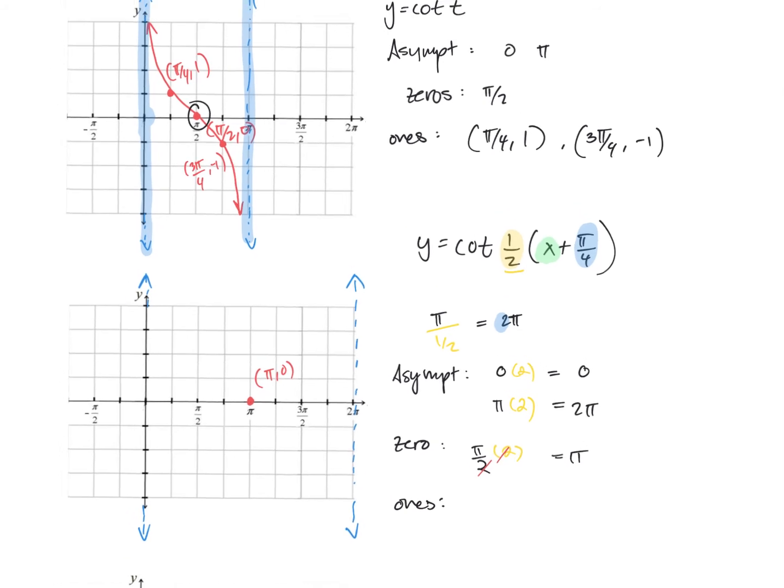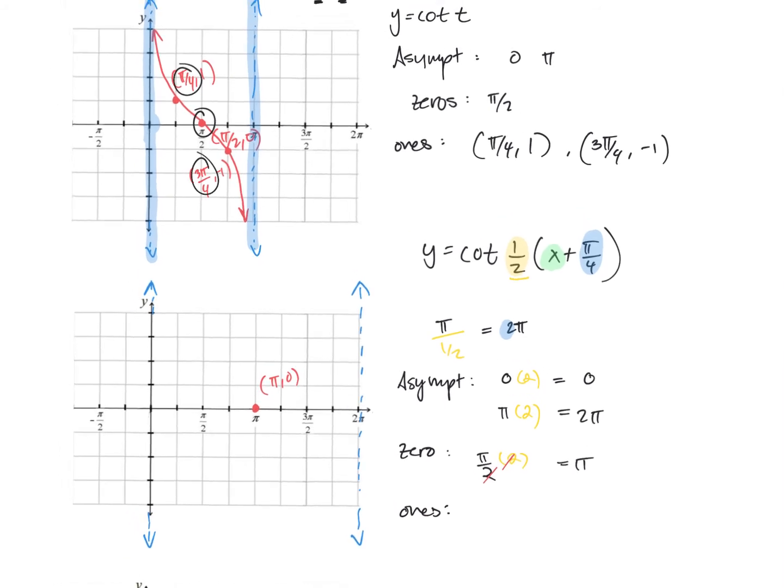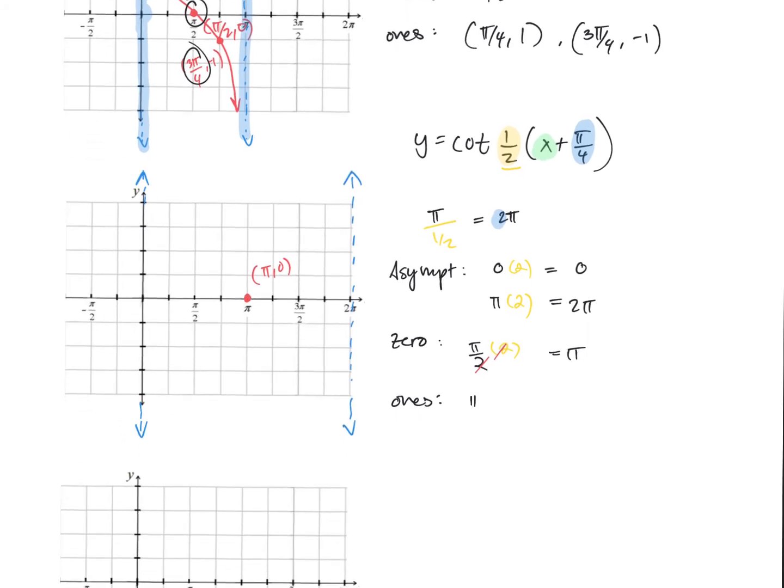Our ones we have pi over 4 and 3 pi over 4. Multiplying those by 2, that simplifies, and we get pi over 2. And then the other one also simplifies, and we get 3 pi over 2.